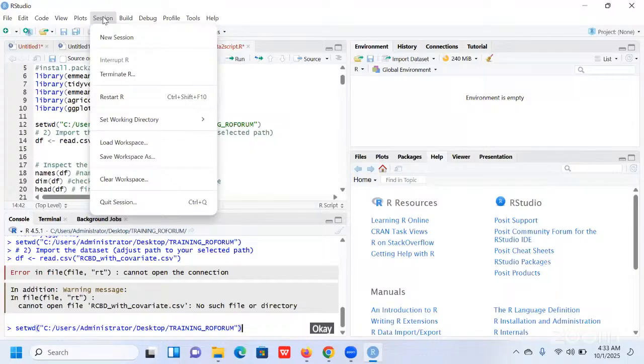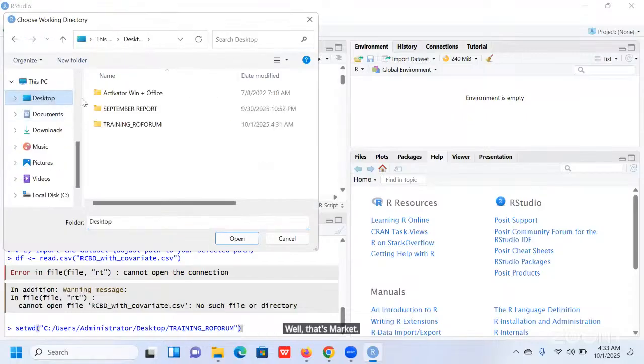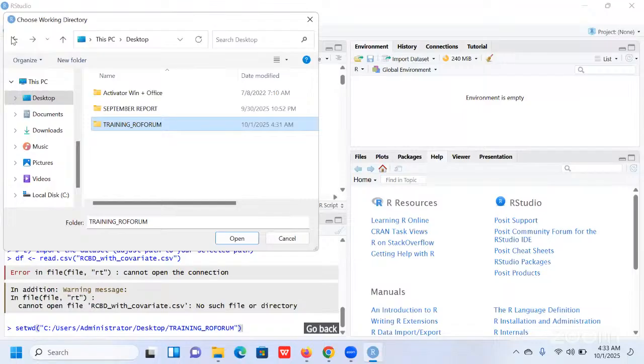Okay. Choose a directory. Where is it, on desktop? Yes. Okay, click on that. Is that where the data is? No, don't open it. Go back. Yes. You open with the word down.